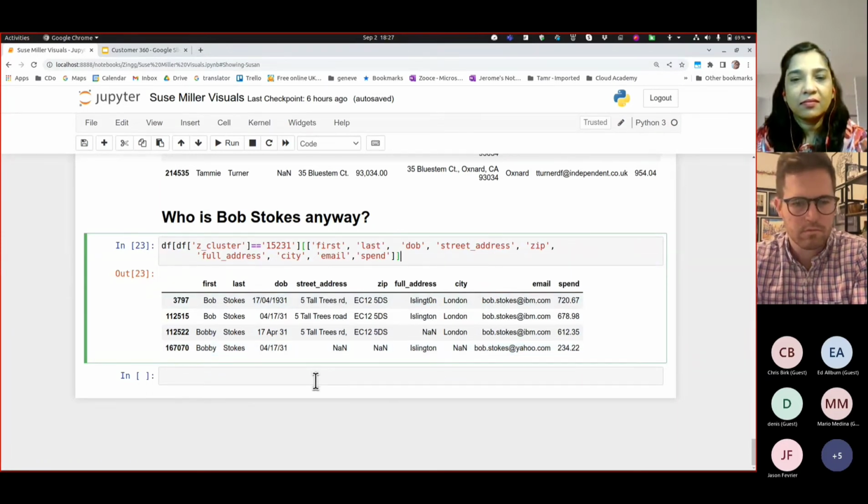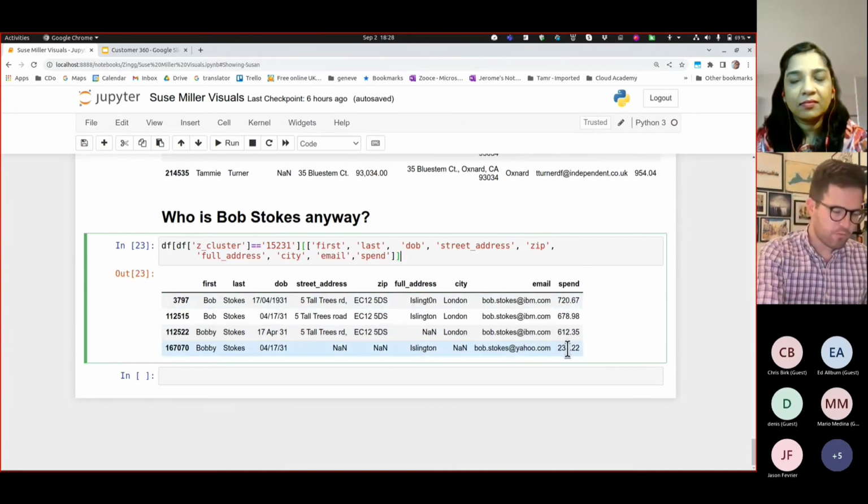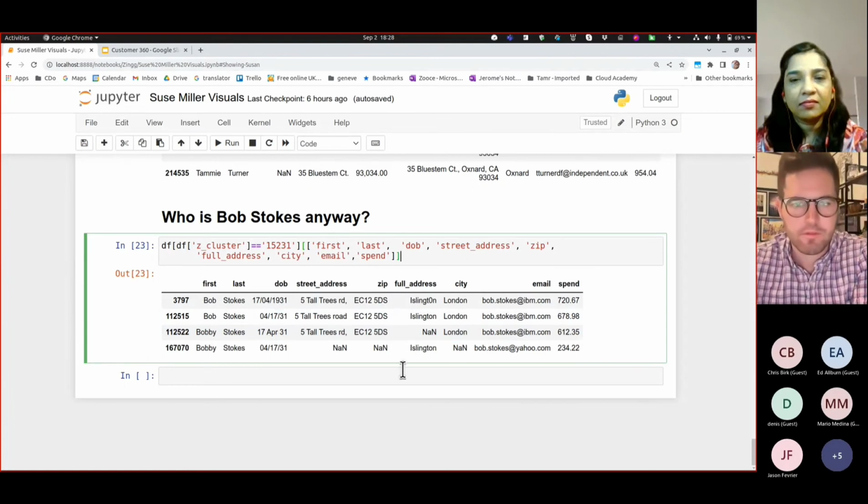But Bob Stokes, same date of birth, different addresses, some is missing, different email for this case, and however, you see Zingg was able to put them together. So this is a very interesting case, and maybe later I'll be doing another presentation on how to match together things that are not very related.